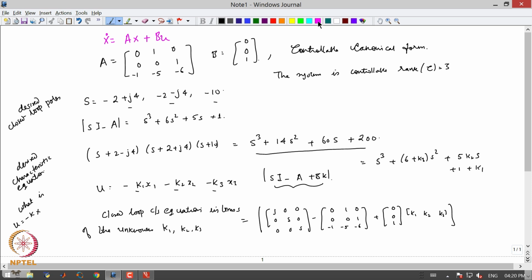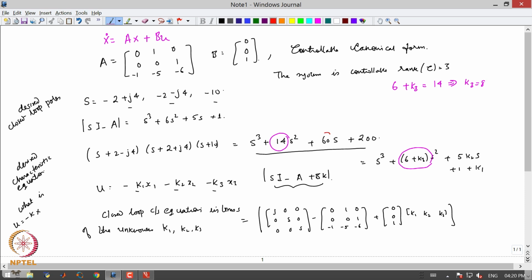Now, I can compare the coefficients, right. The coefficient of S square here is 6 plus k3, which must be equal to 14, which means k3 is 8.